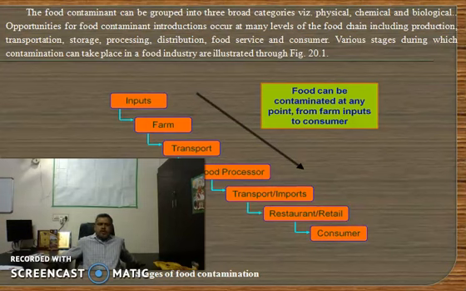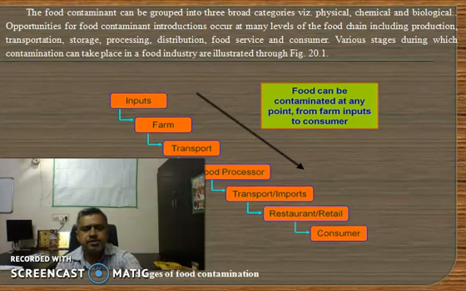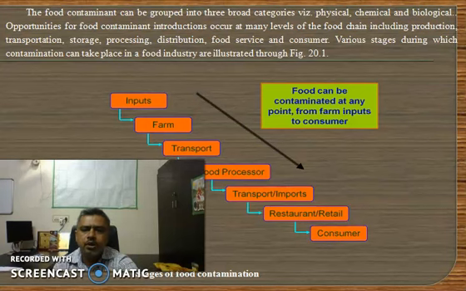There a container is also required. Then finally it enters the restaurant, where various handlers do the cooking. So finally it comes to your dish as a consumer. So these are the contamination routes. Everything should be checked, as food can be contaminated at any point from farm inputs to consumers. So these are the contaminants. Now we will complete with this.